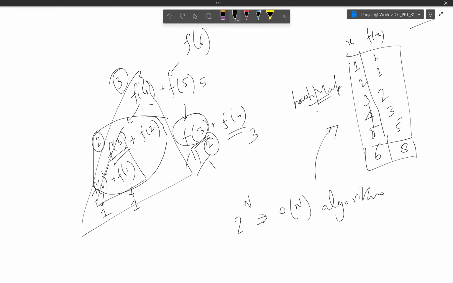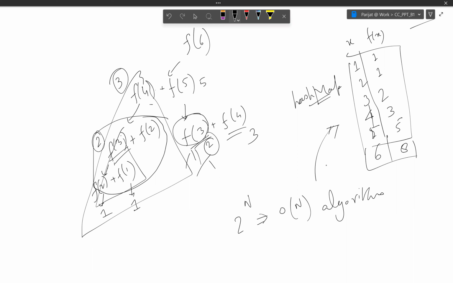So I'm getting better results. I'm getting optimal substructure and overlapping subproblems, right?